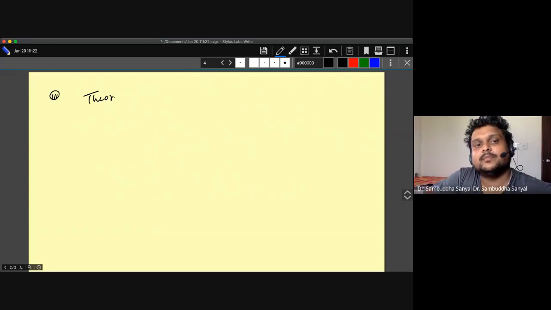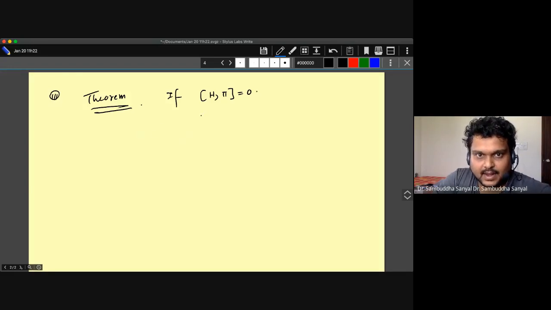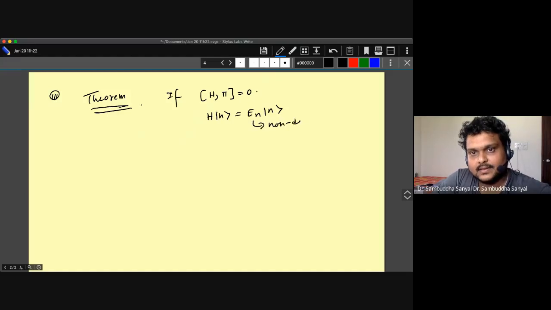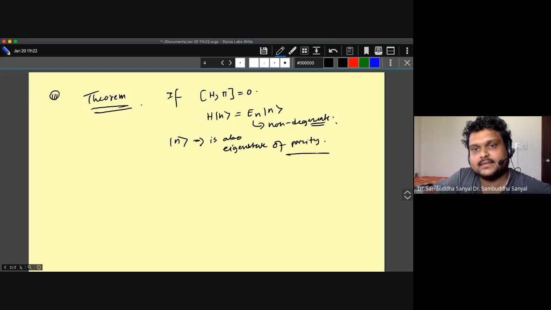There is a theorem about parity, and the theorem states: if a Hamiltonian has this symmetry and H has a certain eigenvalue En, where En is non-degenerate, then this |n> is also an eigenstate of parity.